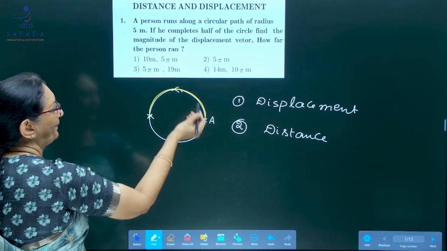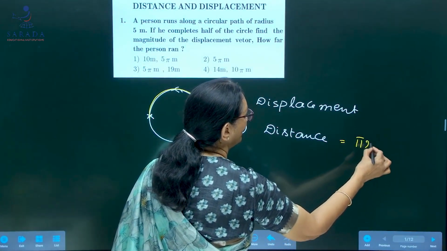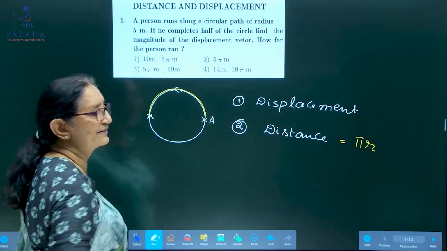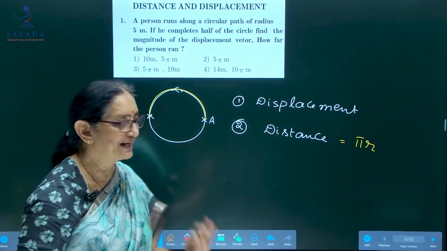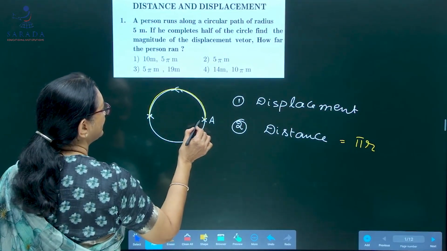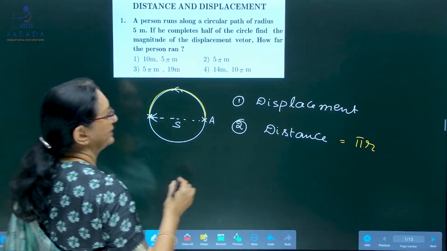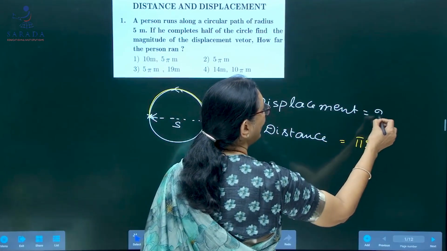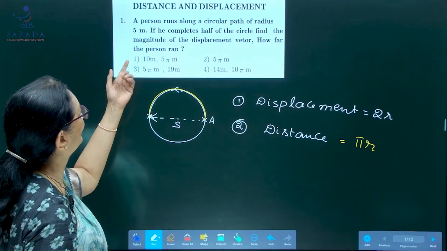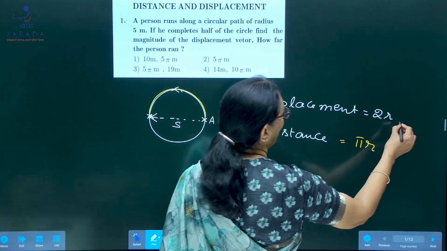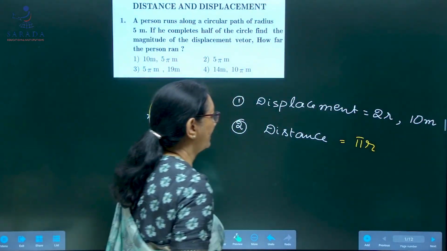The actual path length travelled is called distance, that is equal to half the circumference of the circle, that is pi r. And here the displacement is the shortest distance between the initial and final positions, that is nothing but the diameter. So, very obviously displacement is 2r; as r is given as 5 meters, displacement is 10 meters.